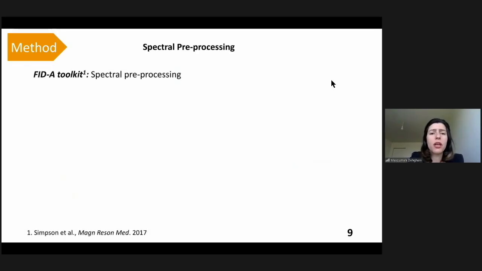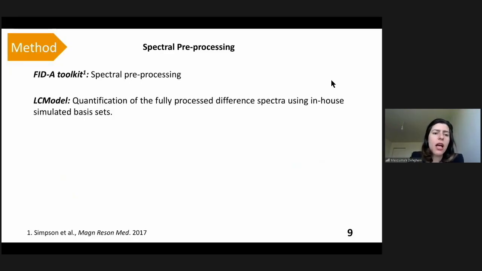For pre-processing of the MRS spectra, we use the FID-A toolkit that has been developed in our lab. LCModel was used for quantification of the fully processed difference spectra using an in-house simulated basis set.